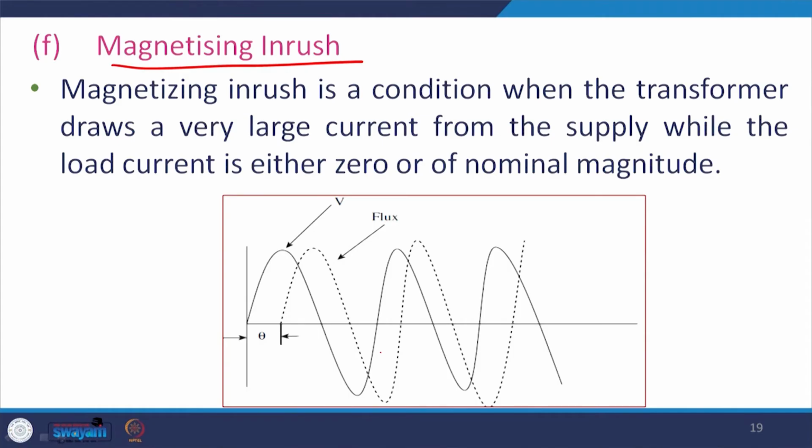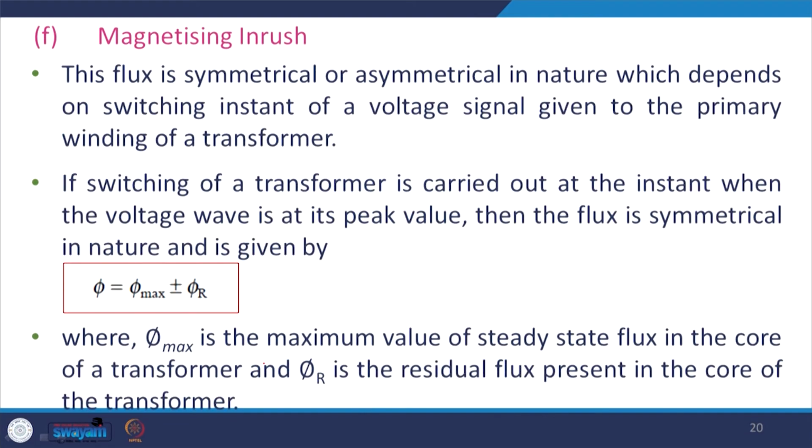Now, to understand this phenomenon, let us consider the waveforms of the voltage and flux with reference to time, and the phase difference between these two, which we assume to be theta. When you energize the unloaded or lightly loaded transformer, the flux established inside the core of the transformer can be asymmetrical or symmetrical in nature.